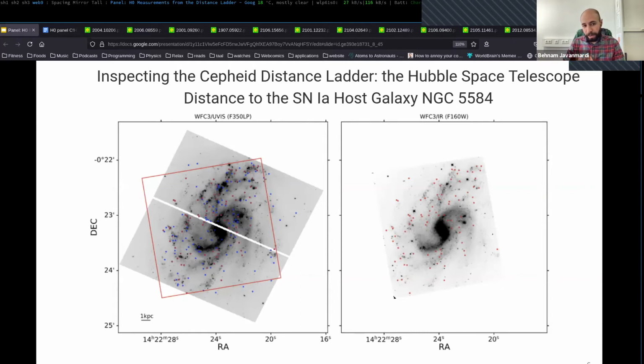These data of SHOES, as far as I know, haven't been analyzed to this level of pixels, as Dan elaborated, by any other team. So that was basically the difference. But I agree that Cepheid analysis with HST has been done for decades.